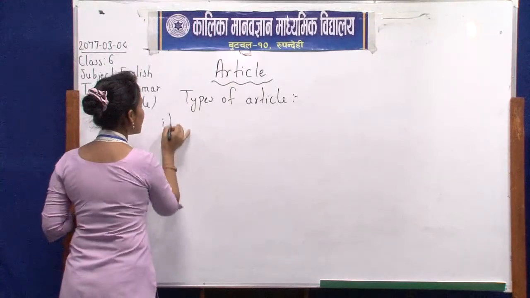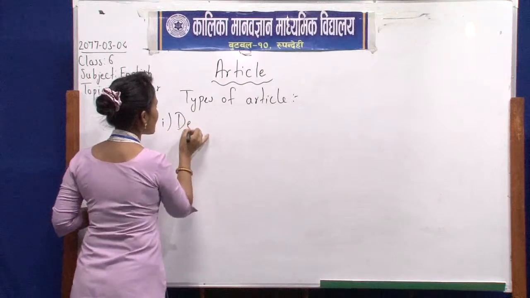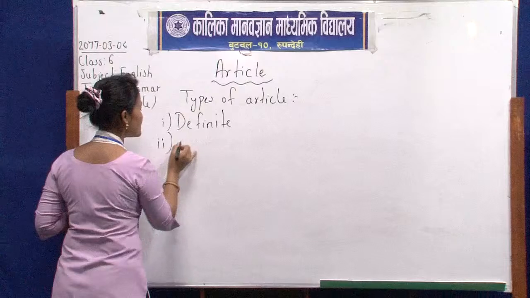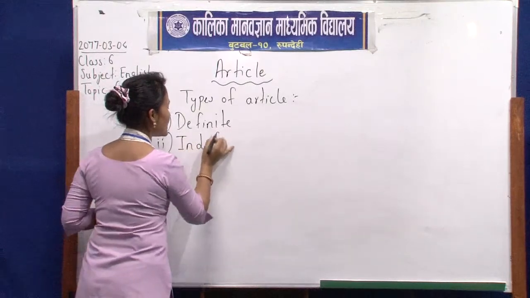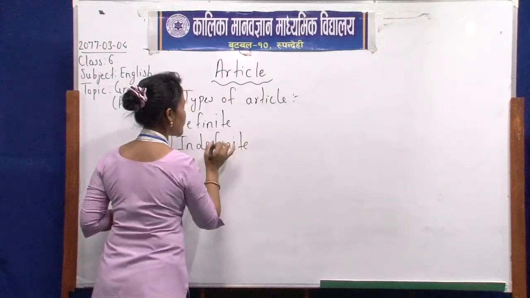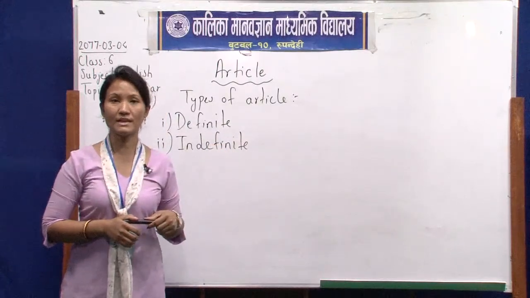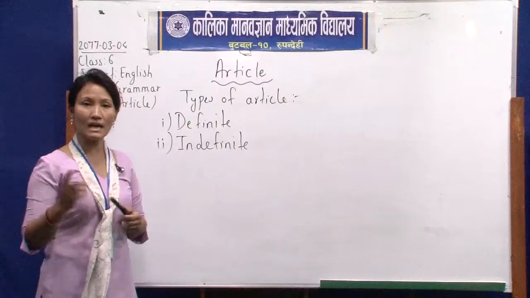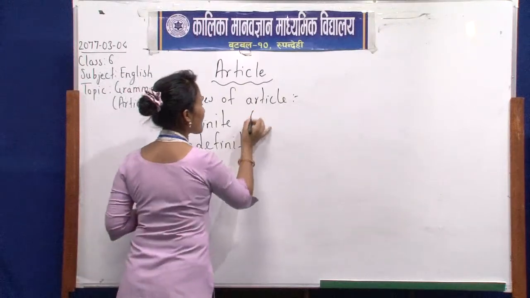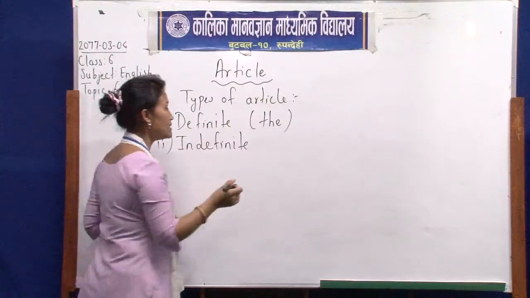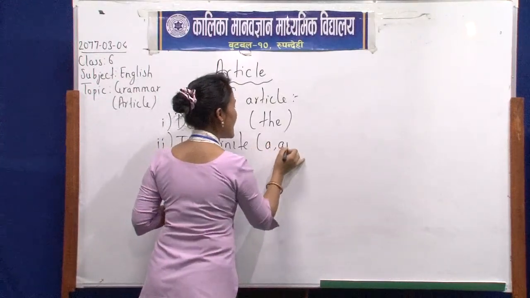The first one is definite article and second one is indefinite article. Now let's be clear about definite article and indefinite article. Under definite article what comes? The, and under indefinite article a and an.